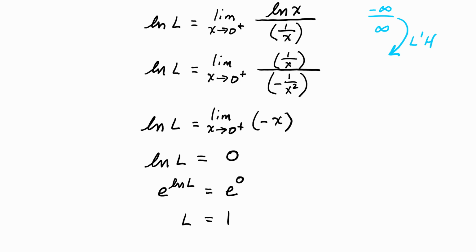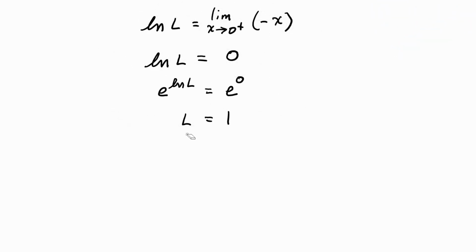And now remember who we defined L to be way back at the beginning of the problem. L was defined to be the limit as x goes to 0 from the right of x to the x. So that means that limit is equal to 1.